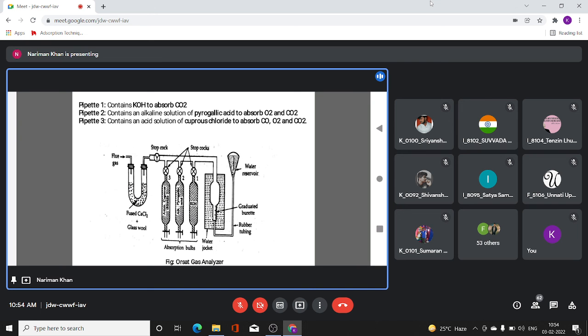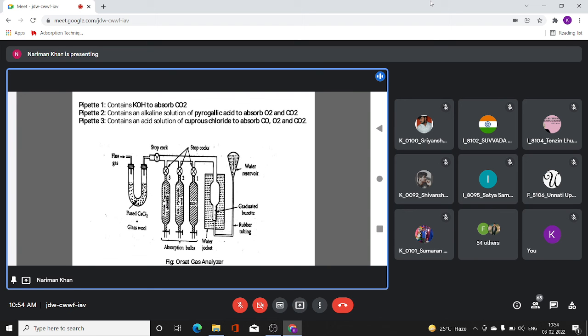So for this purpose, we use anhydrous cuprous chloride or ammoniacal cuprous chloride. Cuprous chloride has the property to absorb carbon monoxide; it gives different reactions with carbon monoxide.